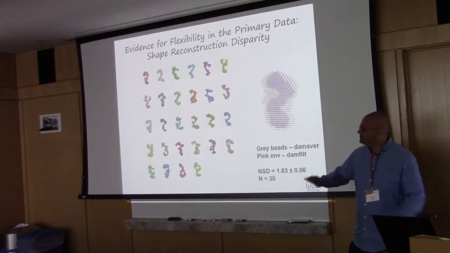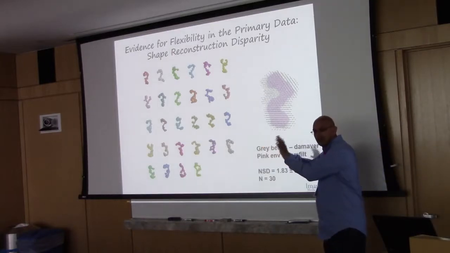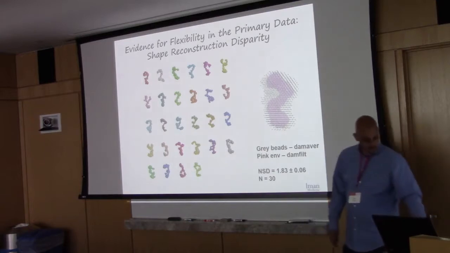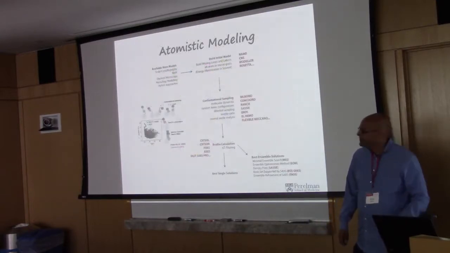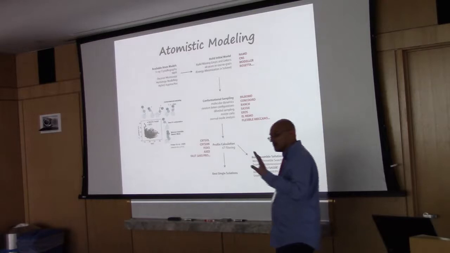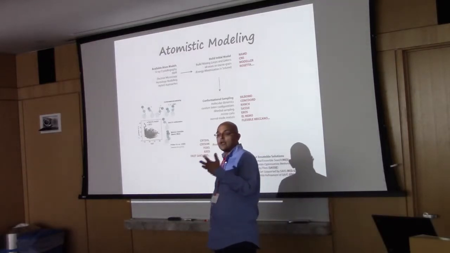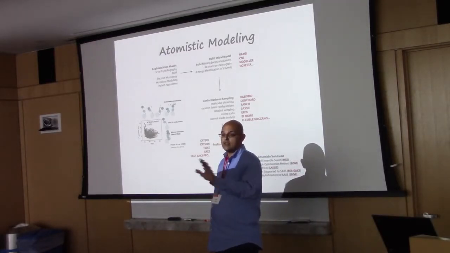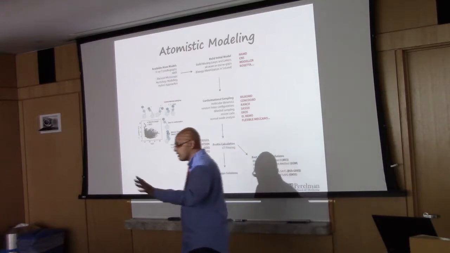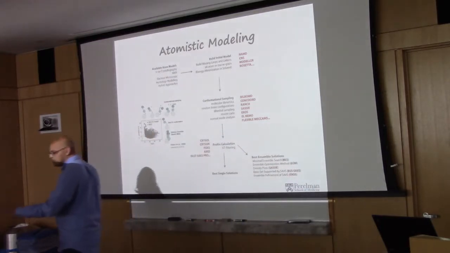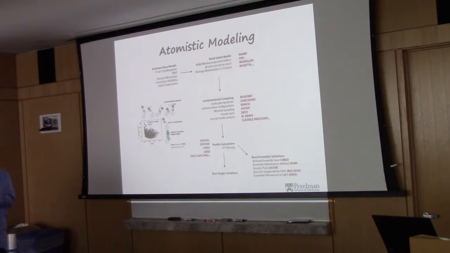So we have to abandon this and try a different way of getting at the question of what conformers are occurring in solution. If you ask anyone in the SAXS or SANS community how to go about atomistic modeling, you get different kinds of answers. Everyone has a preferred software and preferred approaches to the many steps en route.